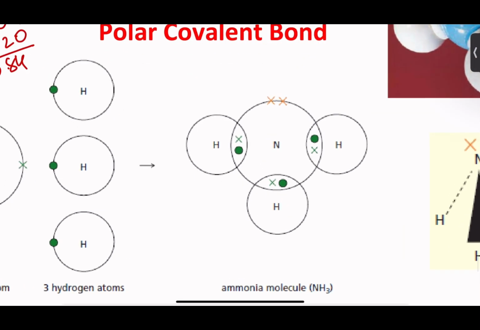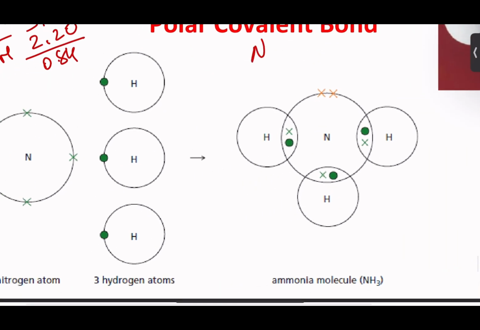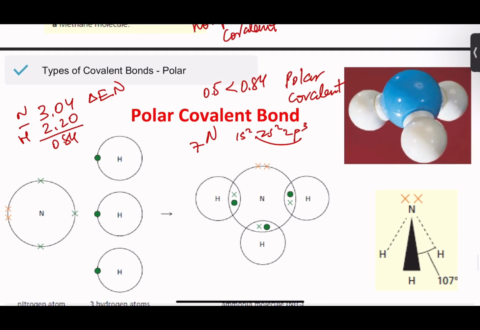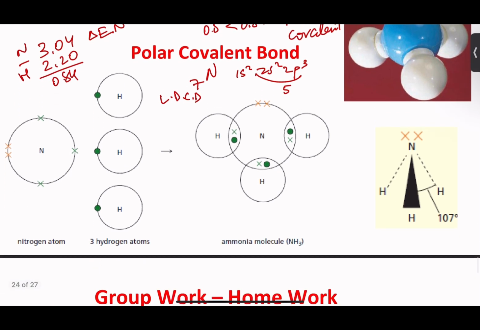Okay, so polar covalent. Nitrogen is 7, 1s2, 2s2, 2p3. We are drawing the Lewis dot cross diagram here. I got 5 electrons in the last shell, so we put nitrogen here: 1, 2, 3, 4, 5.